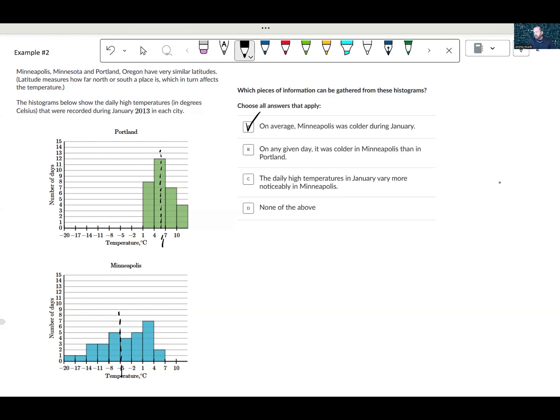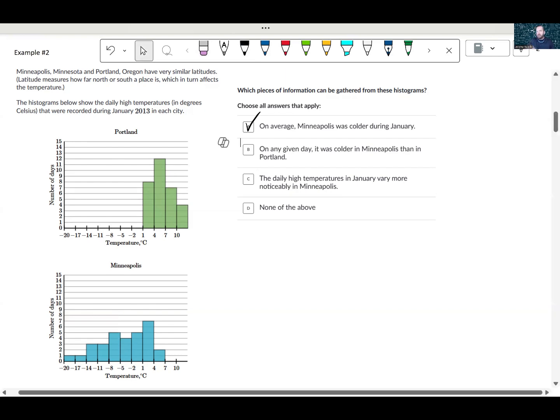Okay, and the next one, on a given day, it was colder in Minneapolis than in Portland. On a given day, that means every day. So there should not be any overlap if this is true. It says it was colder in Minneapolis than in Portland.